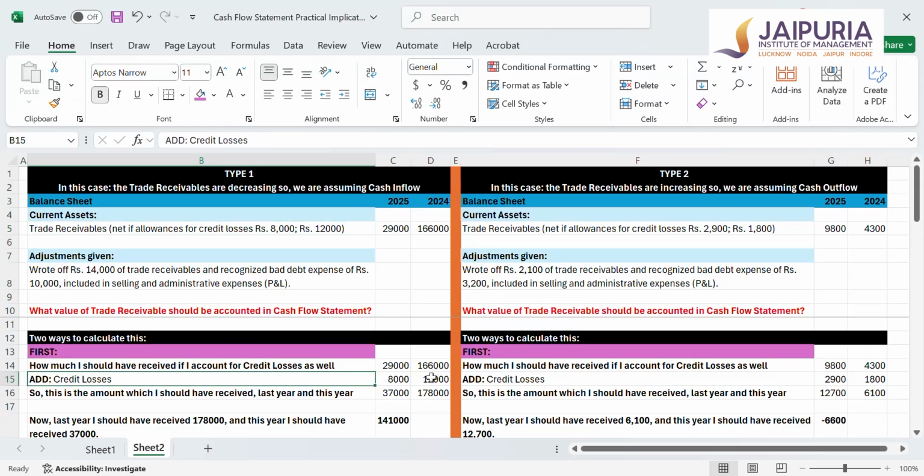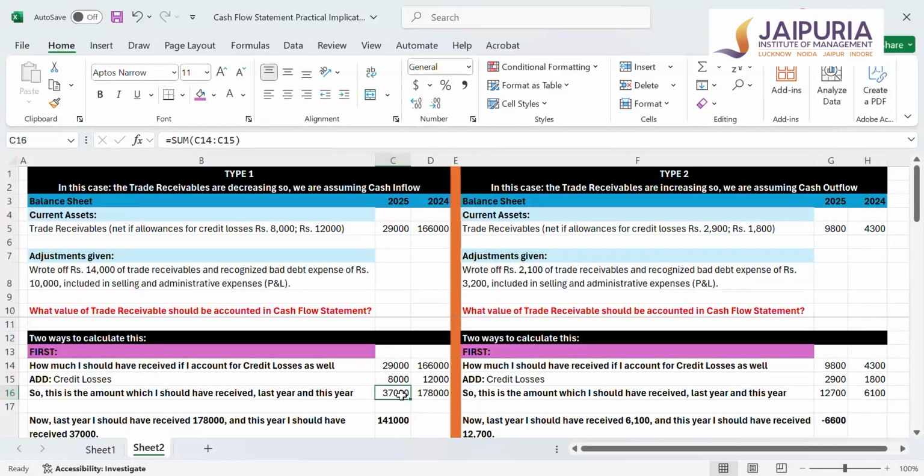If I add back these two values, I will get 1,78,000 and 37,000. So if we account for the credit losses as well, I should have received 1,78,000 in the last year and 37,000 in the current year.